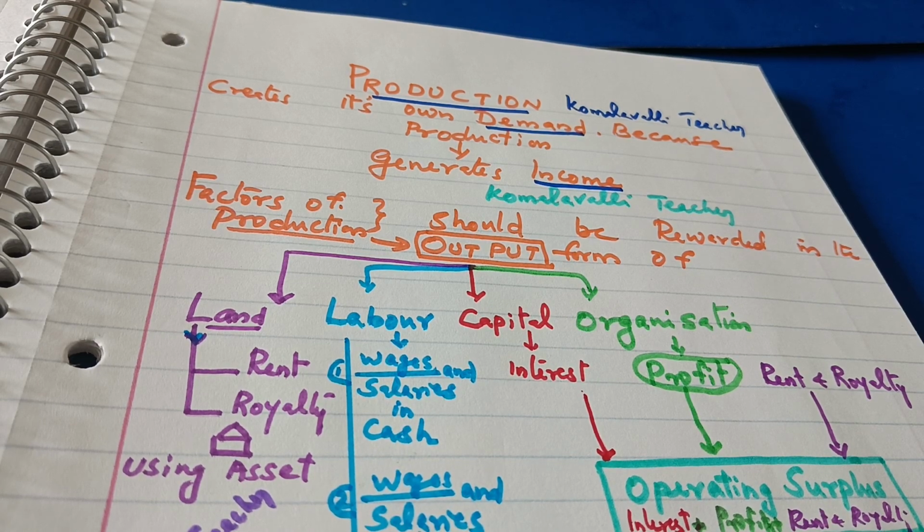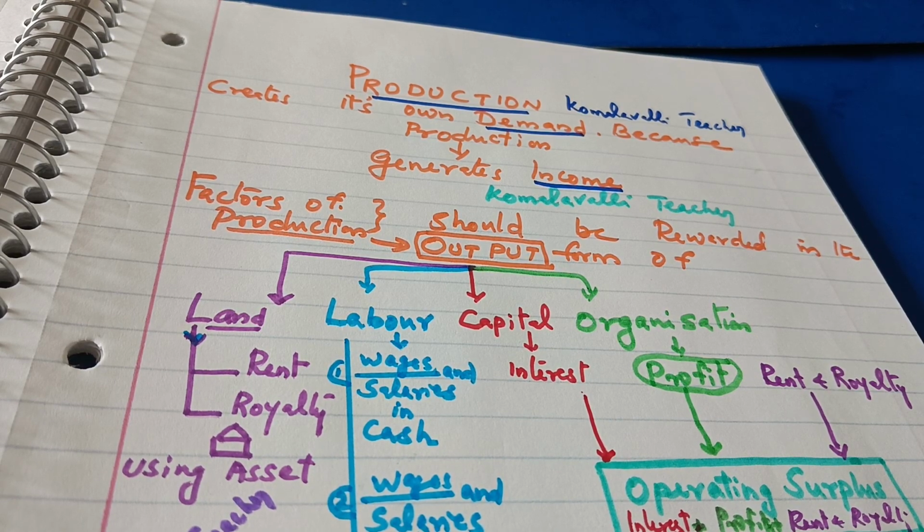When we talk about national income accounting, first of all understand that it is about production related concepts. Production creates its own demand. How does it create demand? Because production generates income. Production generates income means that in order to produce, we need factors of production, and factors of production should be rewarded.